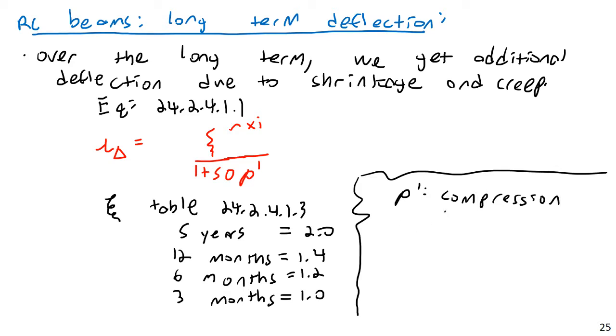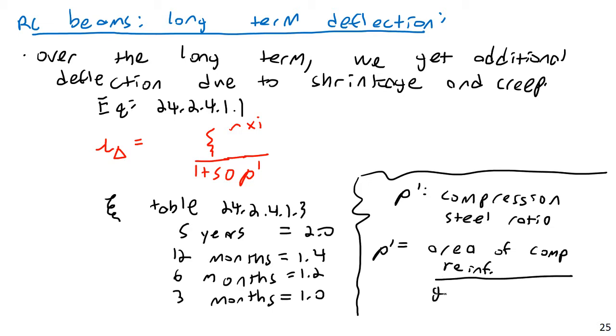What that means is rho prime would be equal to the area of any compression reinforcement, the total, not the area of one bar, but the total area of any compression reinforcement, divided by the gross cross-sectional area of the beam.